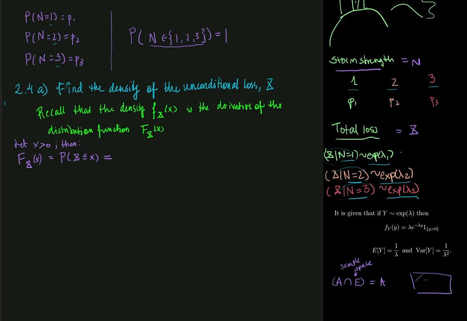Because if this is the entire sample space and you have A in here, when you intersect it, you just get A again. So what we can do is intersect the event that X is smaller than or equal to little x with the event here, which takes up the entire sample space.